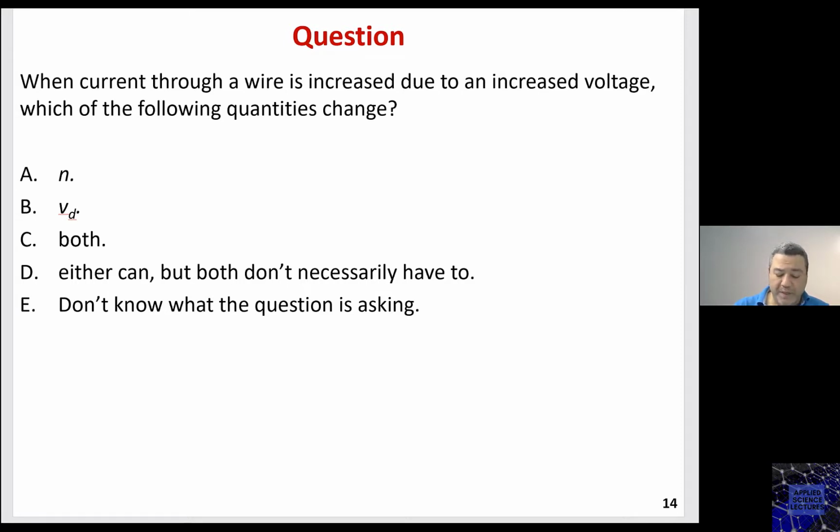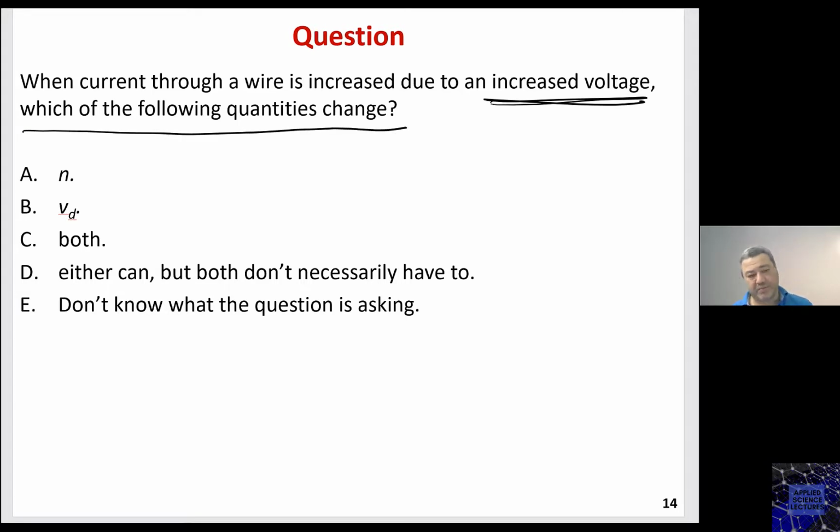So if the potential difference, the voltage, has increased, which of the following quantities change? Does the density of the charges per volume increase, or the drift velocity, or both, or either can but both don't necessarily have to, or don't know what the question is asking?